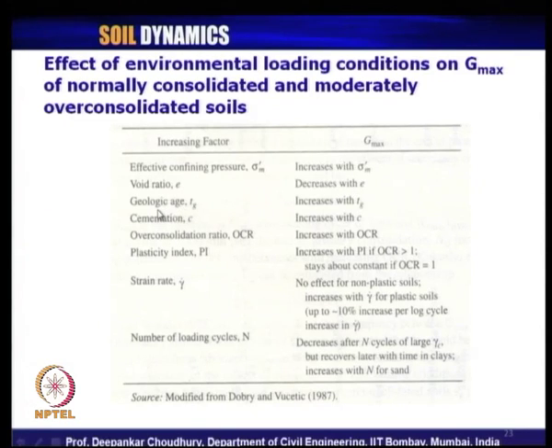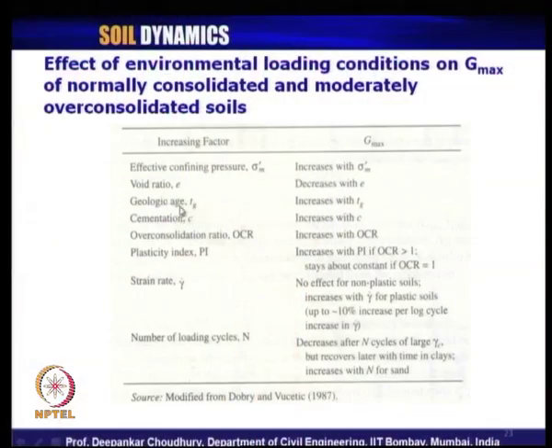Then let us look at another environmental factor, that is increase in geologic age. Geologic age means the formation of the soil. If a geologically very old ancient soil, or what we sometimes call the parent soil, is present at any particular location, rather than a transported soil or filled up soil material from one place to another, and we do any of these tests, cyclic triaxial or cyclic simple shear, what will we get for the value of G max?